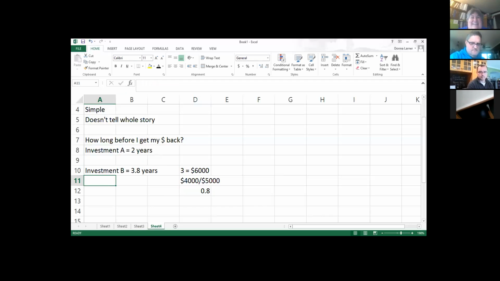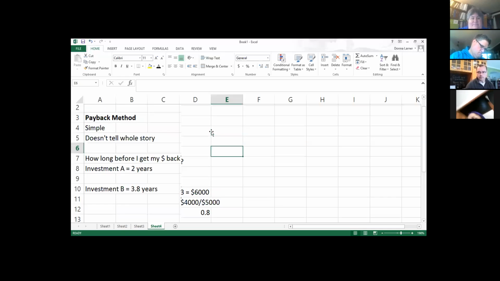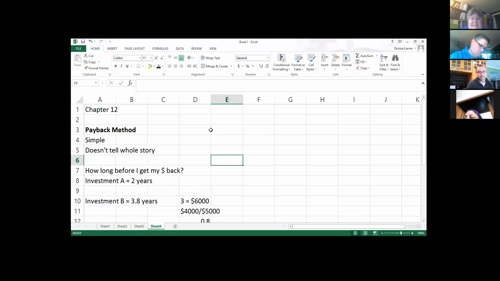But payback never looks beyond the point at which you have reached payback. It ignores anything else in the chart that goes beyond that. So while there might be great inflows in year 7, you would never see that with payback. You're just looking to get your money back off the investment. How quickly can I get my money back?